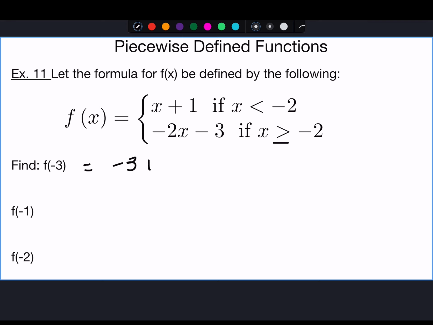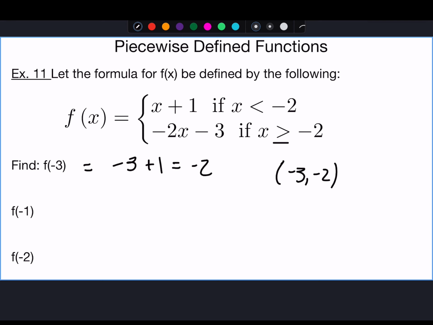So we have -3 plus 1. And we get -2. So the ordered pair that we would use here would be (-3, -2). And this would be true for any of the x values that we could think of. It would build a list of ordered pairs, an infinite list actually.